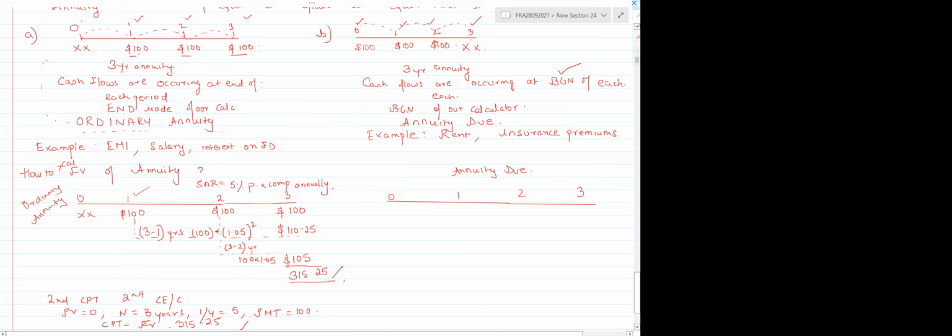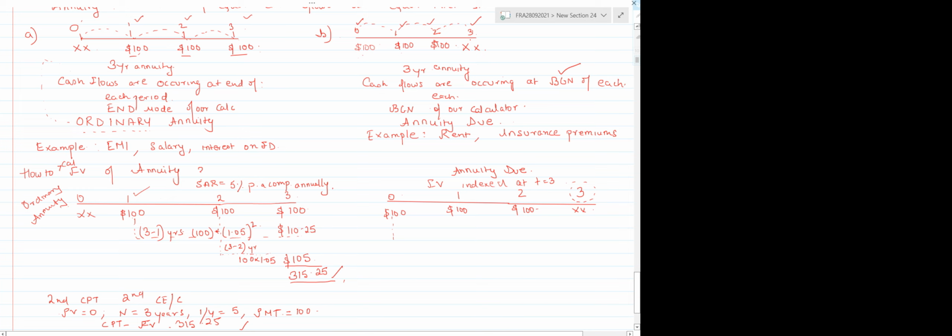Time 0, time 1, time 2, time 3, dollars 100, dollars 100, dollars 100. Guys, now I have to calculate the future value indexed at t equals 3, or at this point.